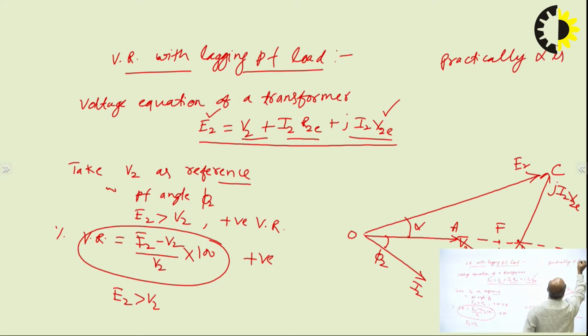We know that practically alpha is very small. When alpha becomes very small, this angle becomes very small.